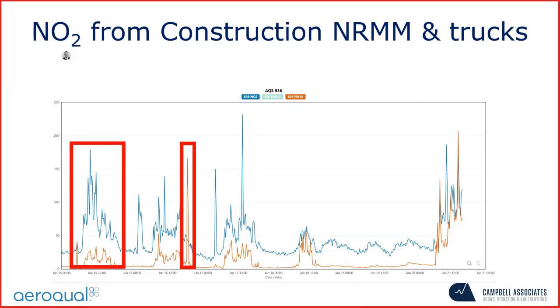It's a vehicle or an NRMM that's causing it. Whereas the second peak, you can see there is just PM10 and no NO2, and that's more indicative that it's actually dust from a dusty operation rather than a vehicle. Obviously quite important to differentiate those two.